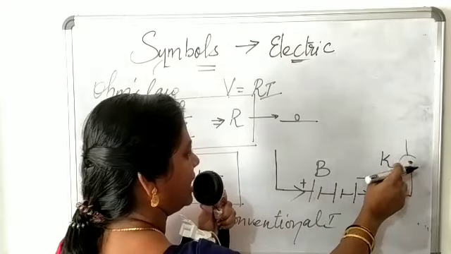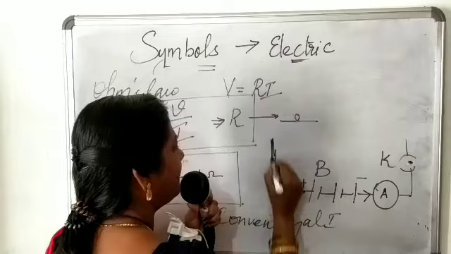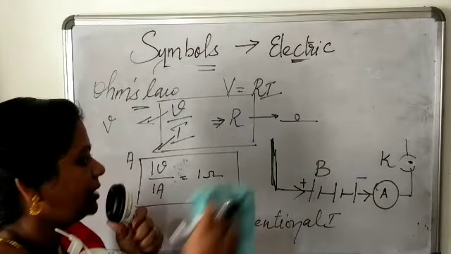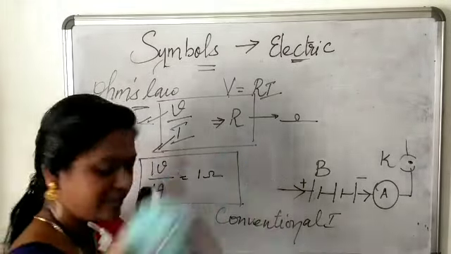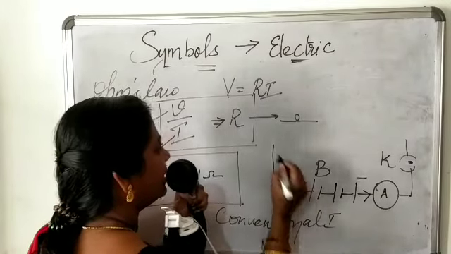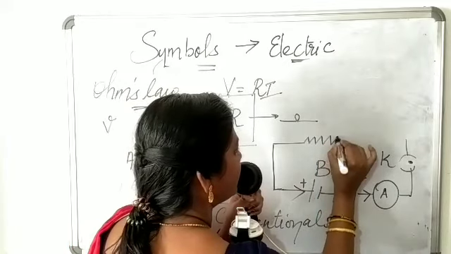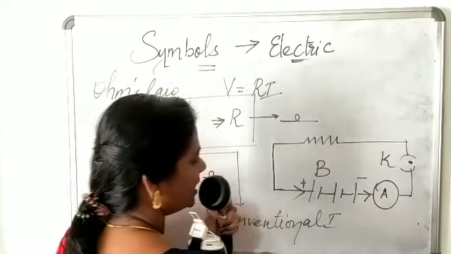ammeter, key, and then you have to give the resistance. This is called as the resistance.